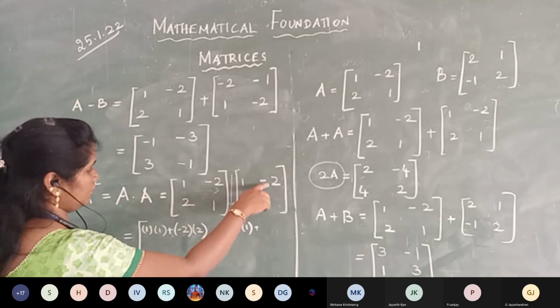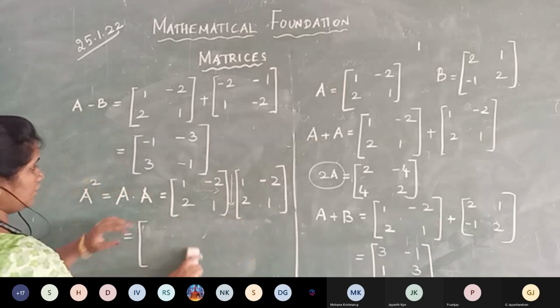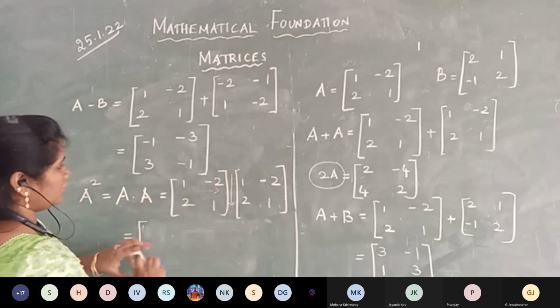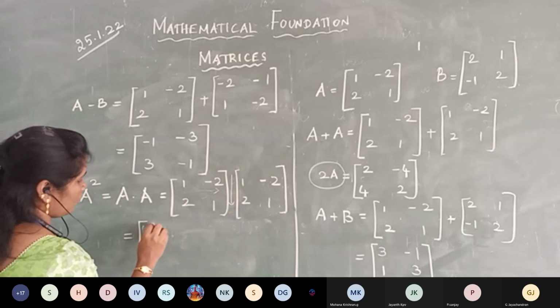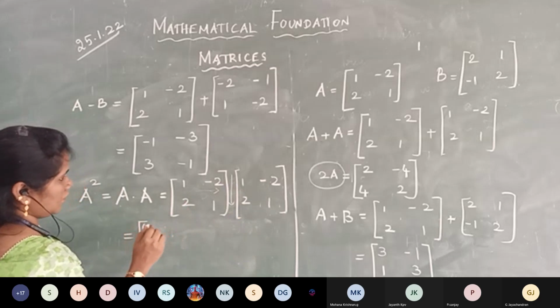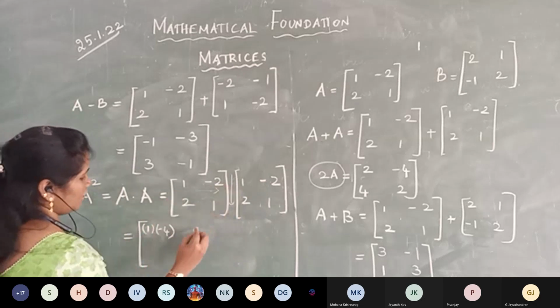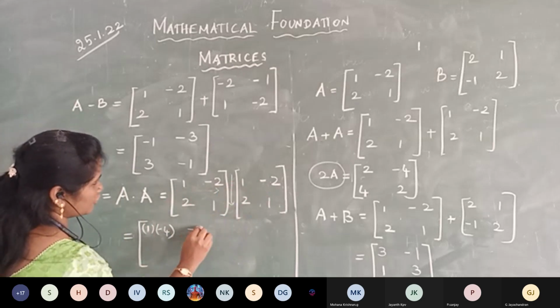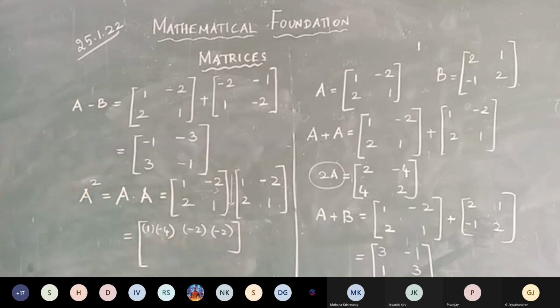Am I doing it correctly? I will just do it directly. 1 into 1, 1, and you have 1 minus 4. Okay, and again it is minus 2 into minus 2. The multiplication I forgot one.